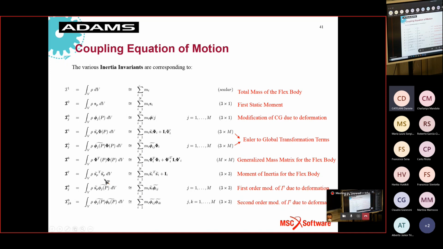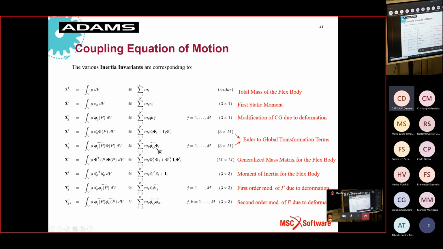So we introduced the technique to use the invariants in order to decide the level of complexity and accuracy of our flexible model. In many situations, the second order terms can be neglected. In some situations, you cannot neglect them.